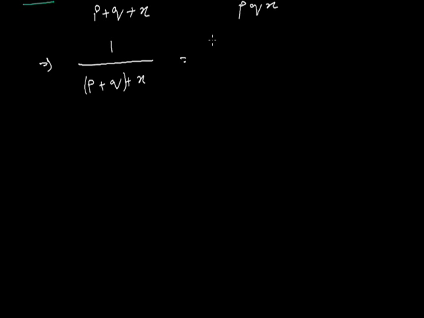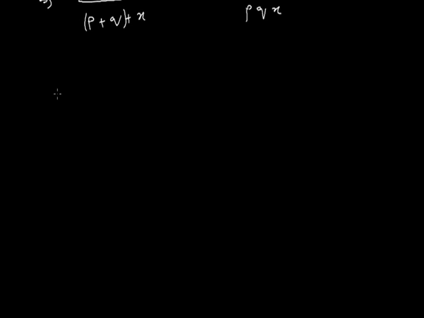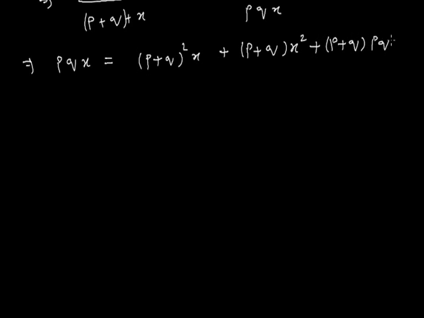When we solve this, we see that this term gets cancelled by this, and we find the quadratic equation in the form x² + (p + q)x + pq = 0.